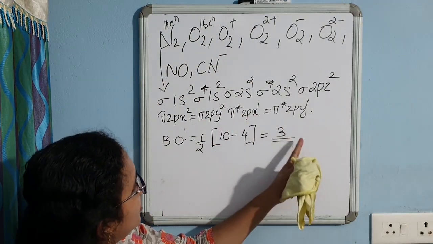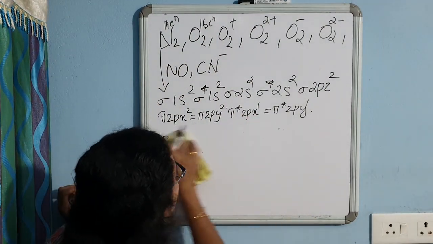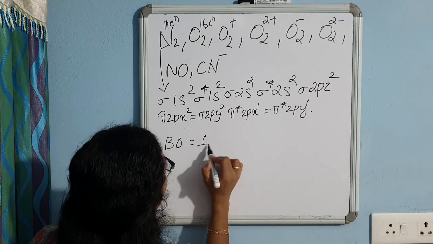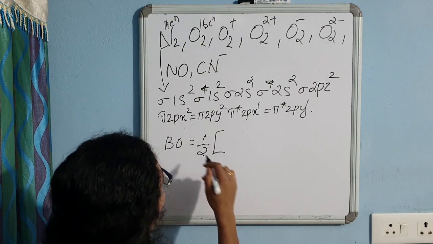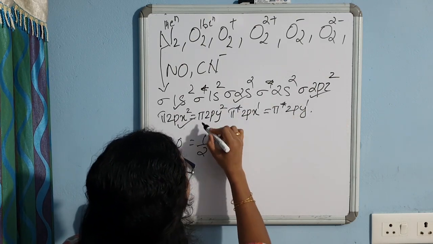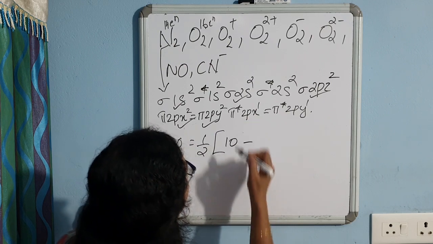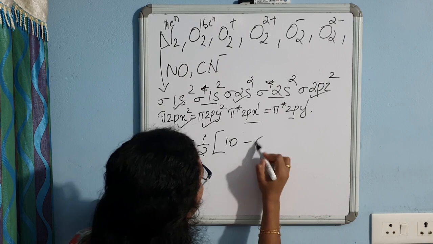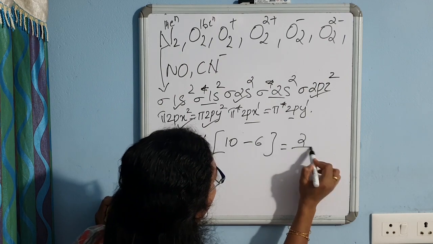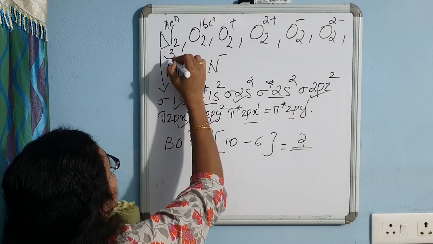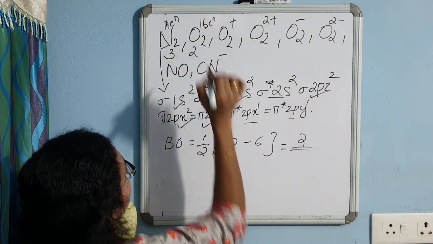So this is the rule. Its bond order is half into the number of electrons in bonding, which is 10, minus the number of electrons in anti-bonding, 2, 4, 5 and 6. So the bond order comes out to be 2. So for nitrogen it is 3, oxygen 2.